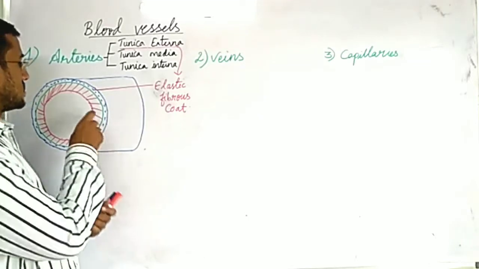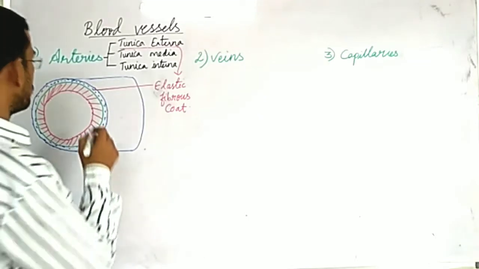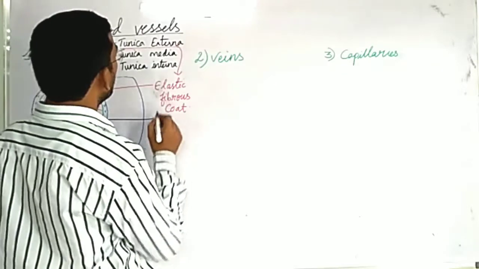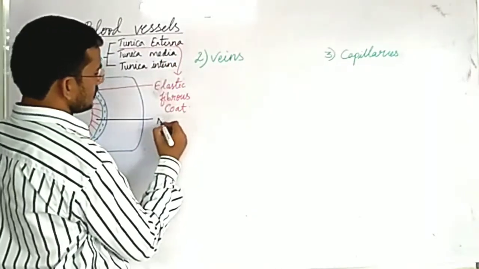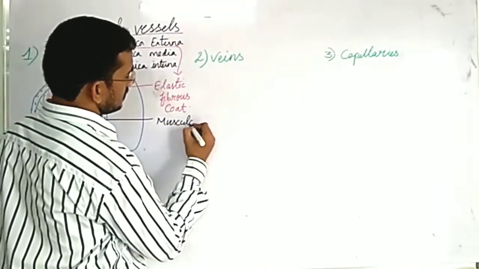So this is the muscular layer. This is tunica media, the muscular layer.